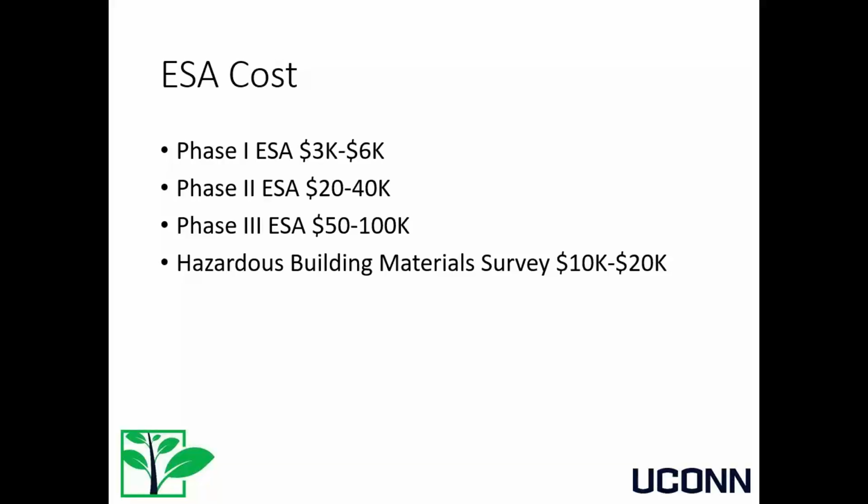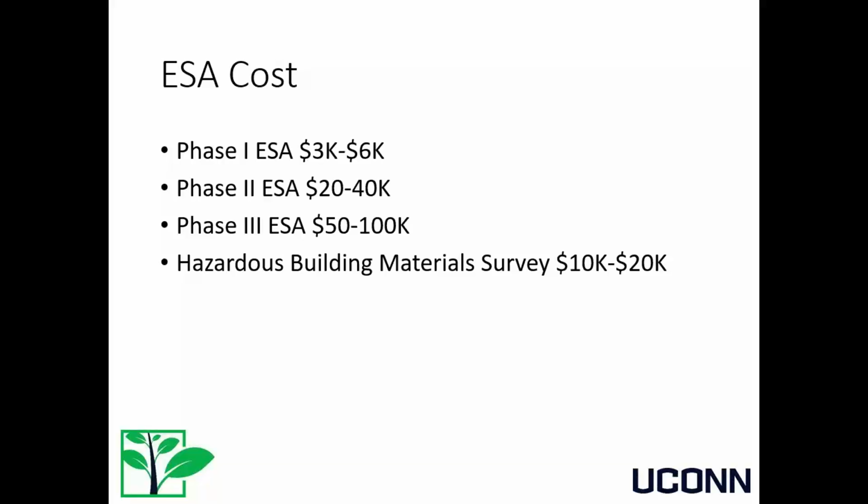So the range can really go from 20 to 40 or even more sometimes. A phase 3 site investigation could be, again, from $50,000 to $100,000, and the hazardous building material survey could be from 10 to 20. Typically, again, it varies with the size of the building and so on.